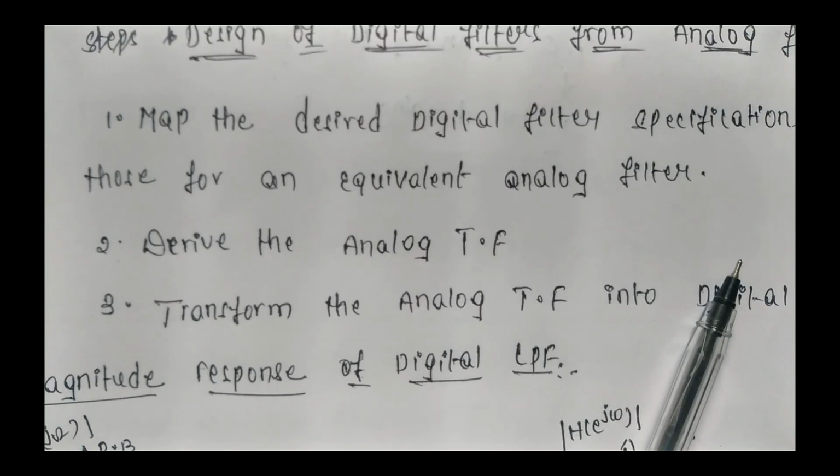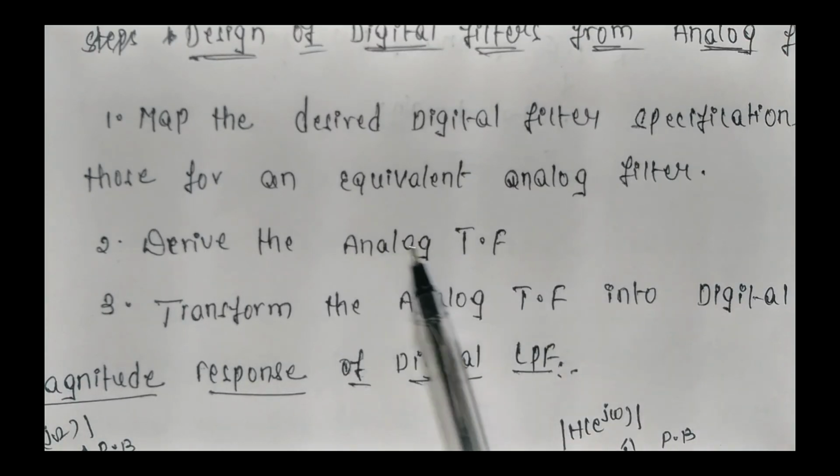This is the important point you have to note down. The transfer function is the representation of the filter, so if you have designed the filter, it means you have derived its transfer function. Whenever we talk about designing a filter, it means that mathematically we are deriving the transfer function of the filter. Keep it in your mind.